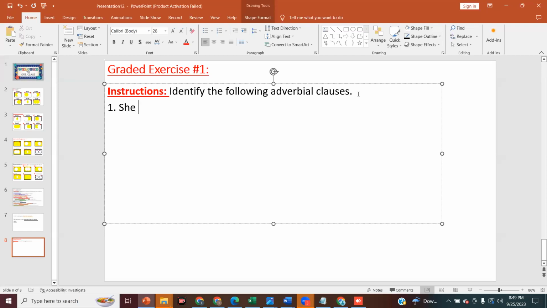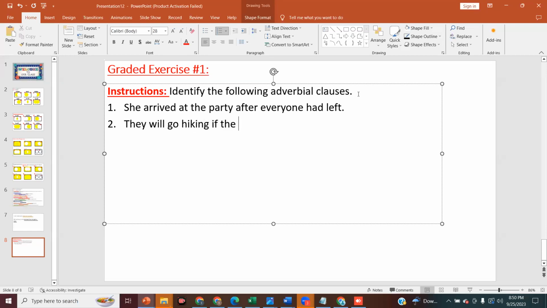Number 1, she arrived at the party after everyone had left. Number 2, they will go hiking if the weather improves.